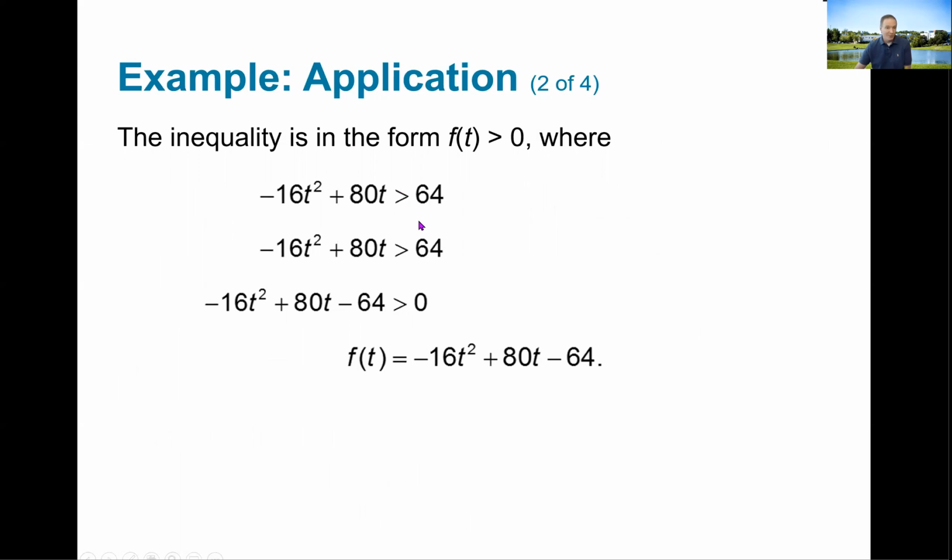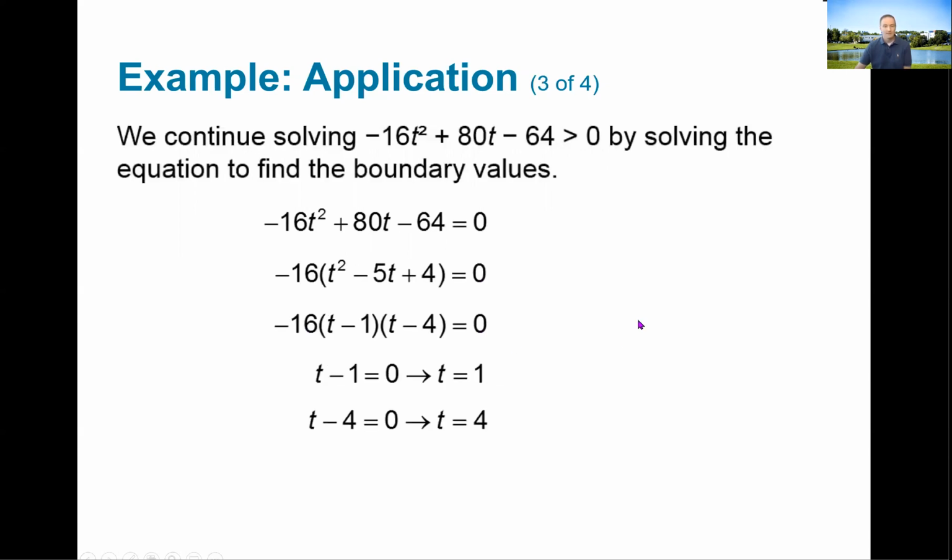So I said, well, an equivalent inequality to that is if I would subtract 64 on both sides and just get -16t squared plus 80t minus 64 is strictly greater than 0. Now, what I'm going to do is I'm going to find the x-intercepts or the values of this function where it's equal to 0. So I do that.